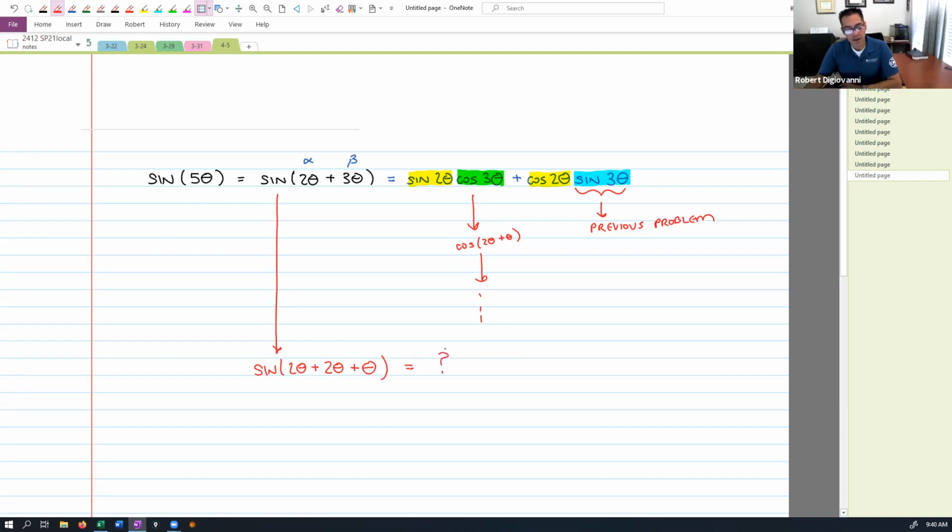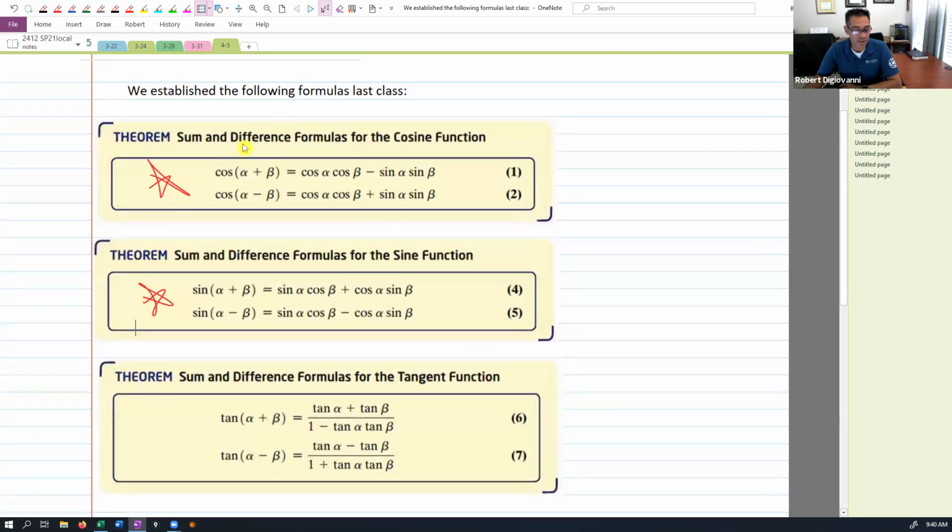But see, the thing about the sum and difference formulas that we established last class is that they only work when you have addition or subtraction between 2 terms. Does that make sense, Maddie? There is no formula that we have that says alpha plus beta plus some other angle.